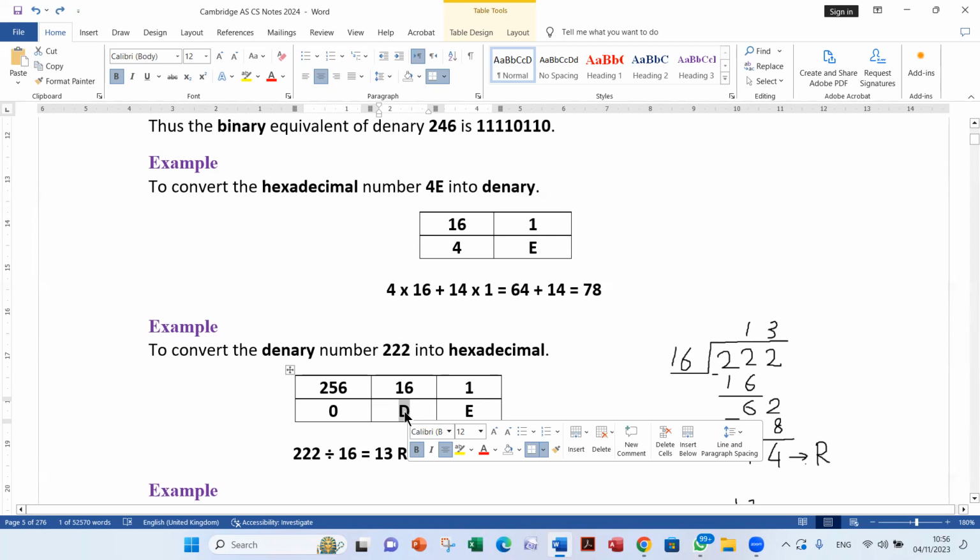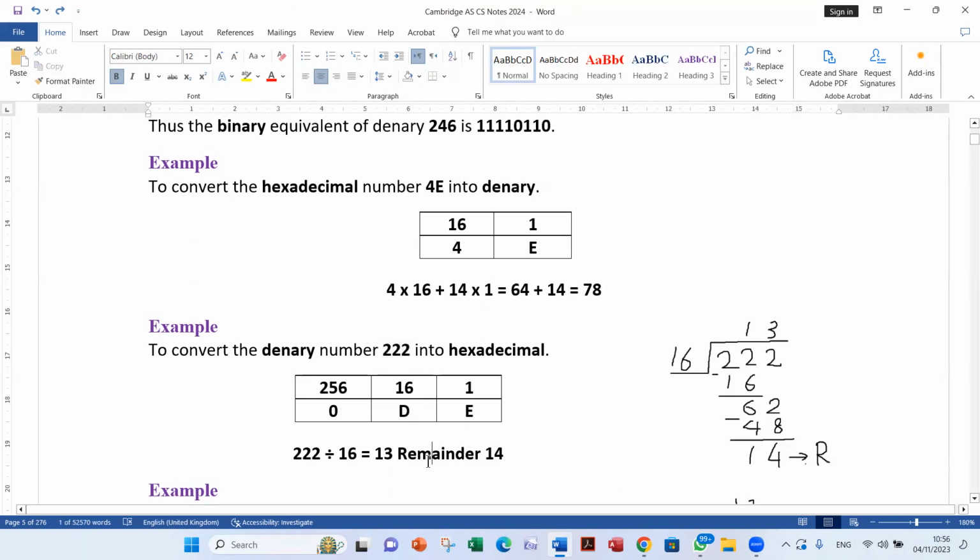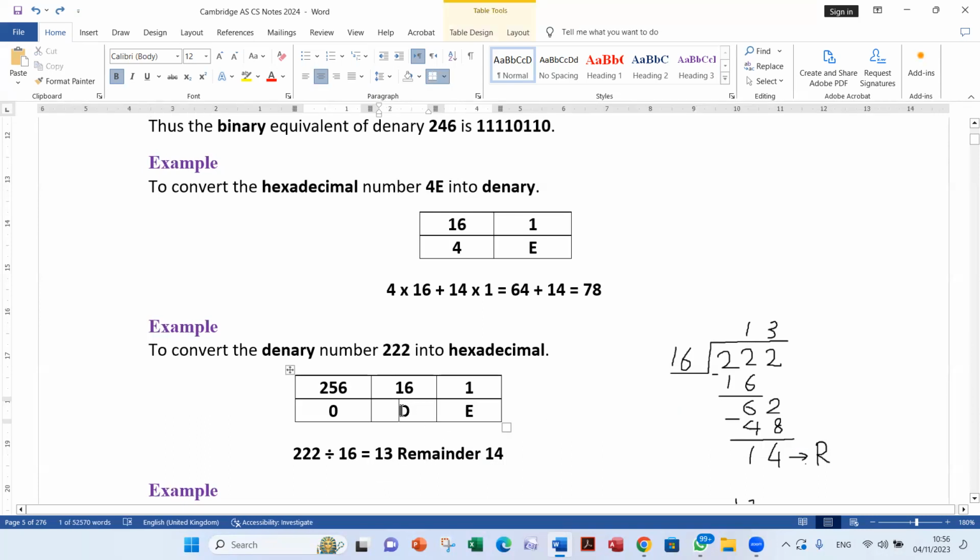However, you write it as D. Remember, A, B, C, D, E, F is 10, 11, 12, 13, 14, 15. Okay, so the 13 comes here as D, and the 14 goes here as 4. So it is 13, remainder 14. The 13 goes here as D, and the 14 goes here as 4.